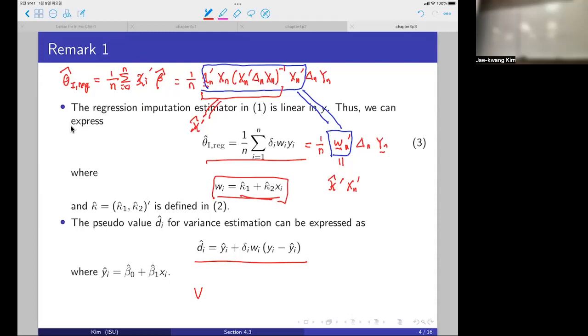Because you have missing data in the beginning, so you pay the price, right? You have missing data, so that means you are actually using less information than the original sample. So the variance increases. And the naive variance estimator doesn't really reflect that.